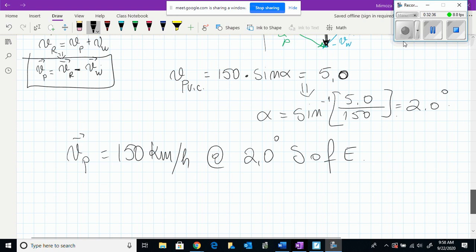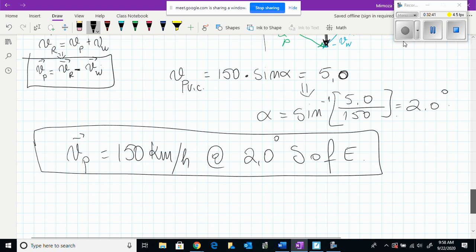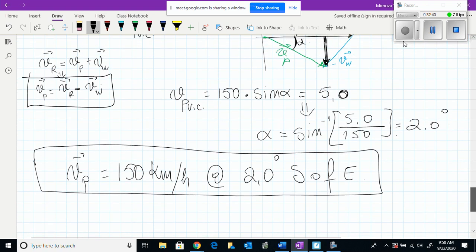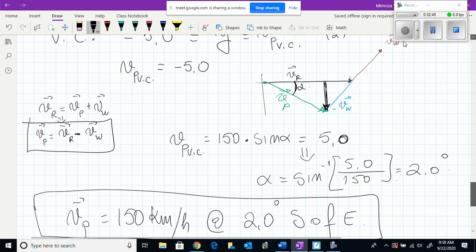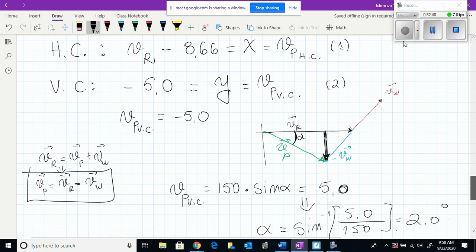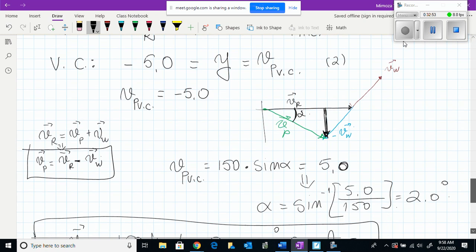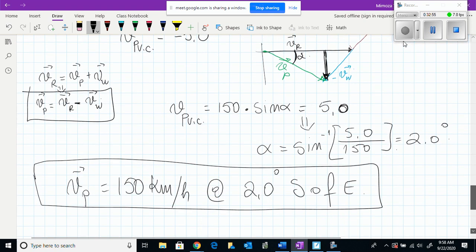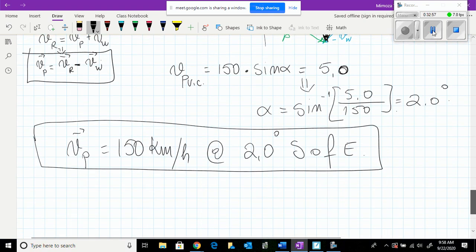What is that relationship that we have here? If the question goes further and asks you to figure out what is the resultant velocity, then you will use the relationship that you have from the horizontal component.